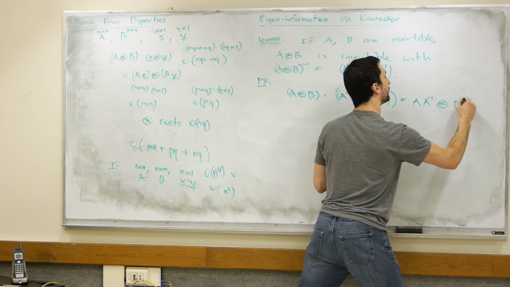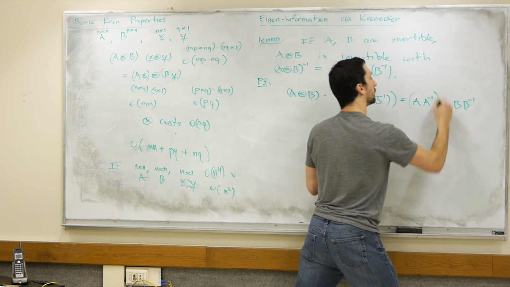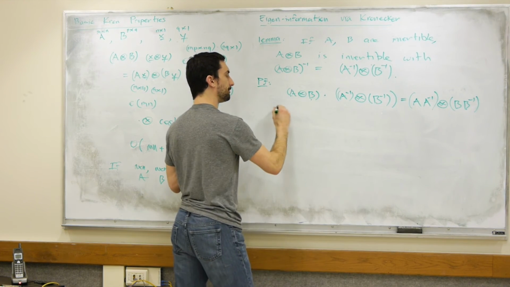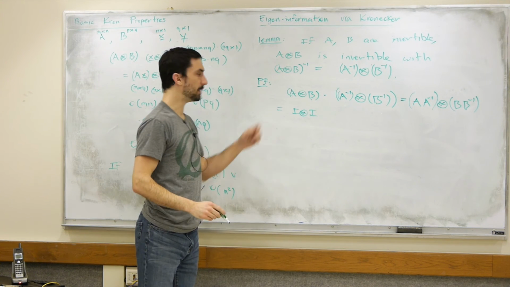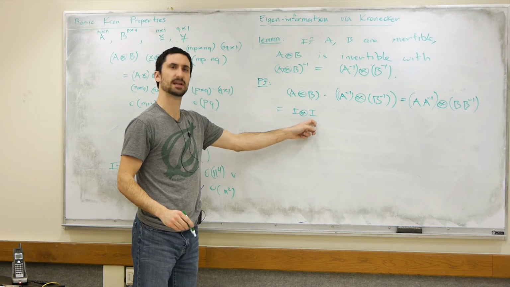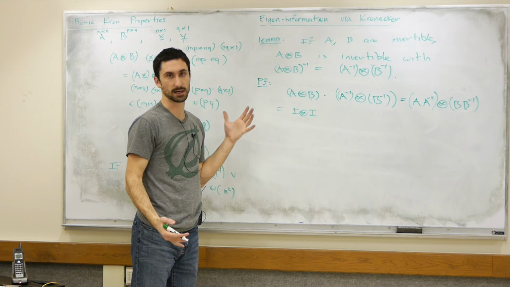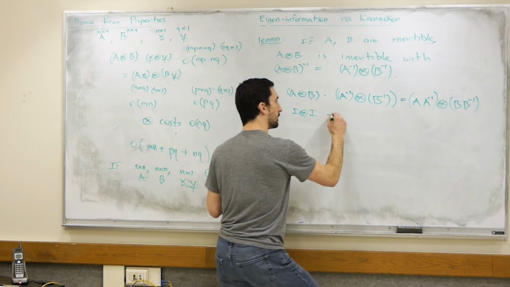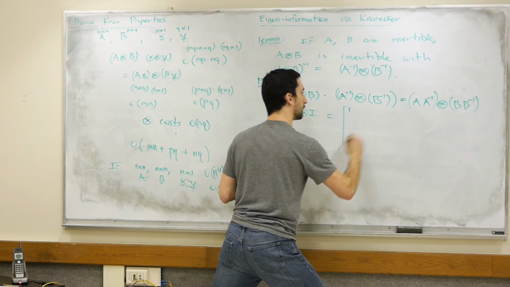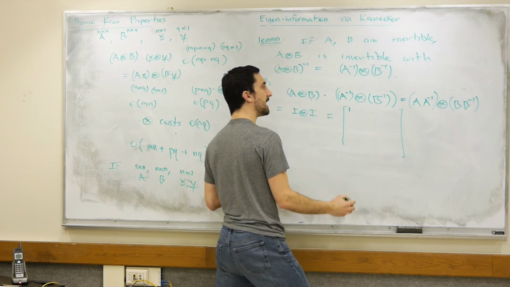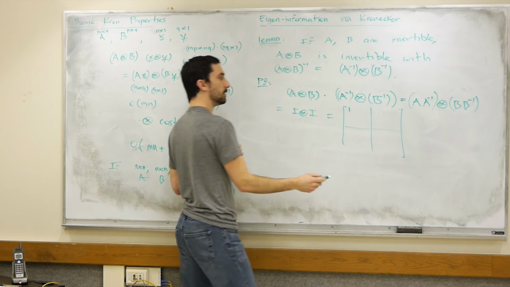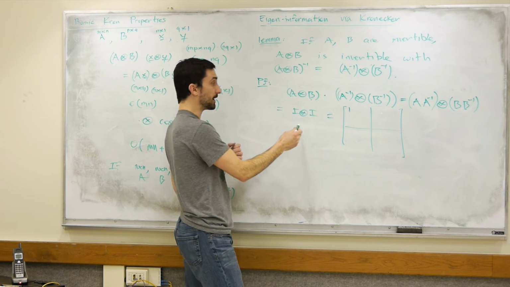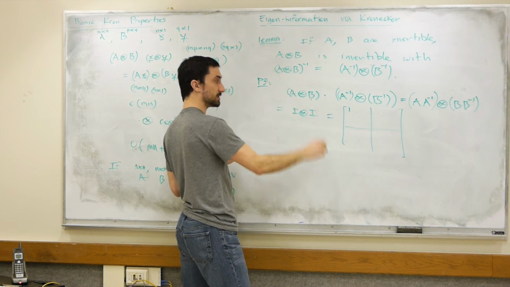Each of those simplifies to an identity matrix. But an identity matrix Kronecker an identity matrix is just a bigger identity matrix. How do we know that? Well, by the definition of a Kronecker product, identity just has ones along the diagonal.